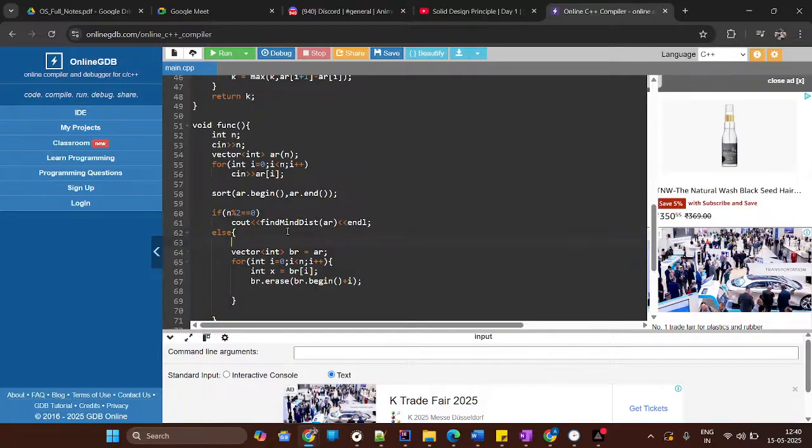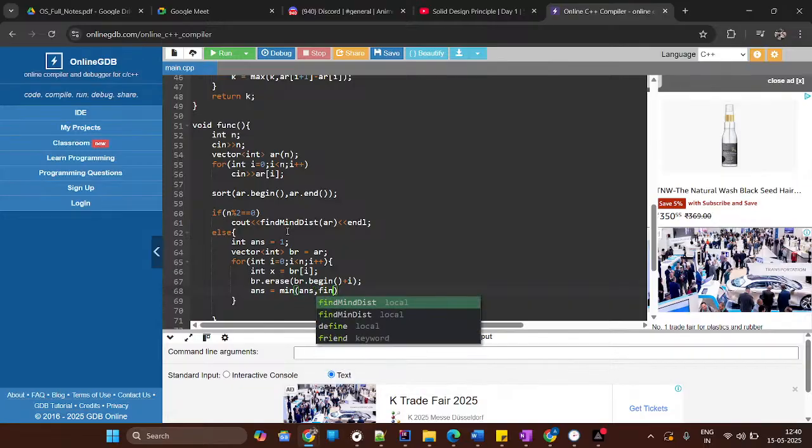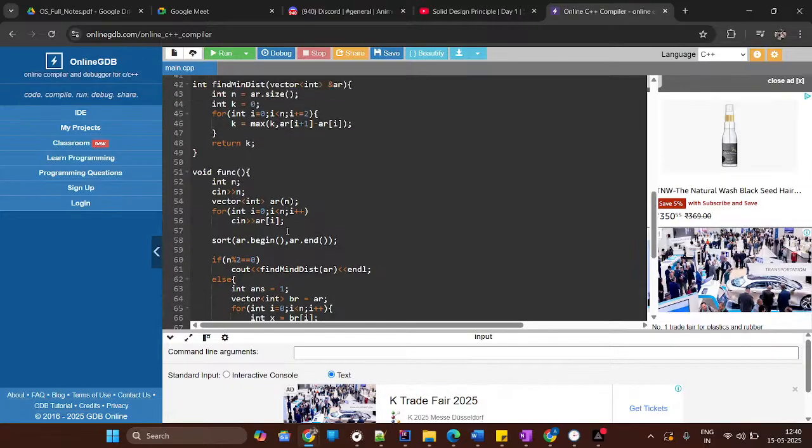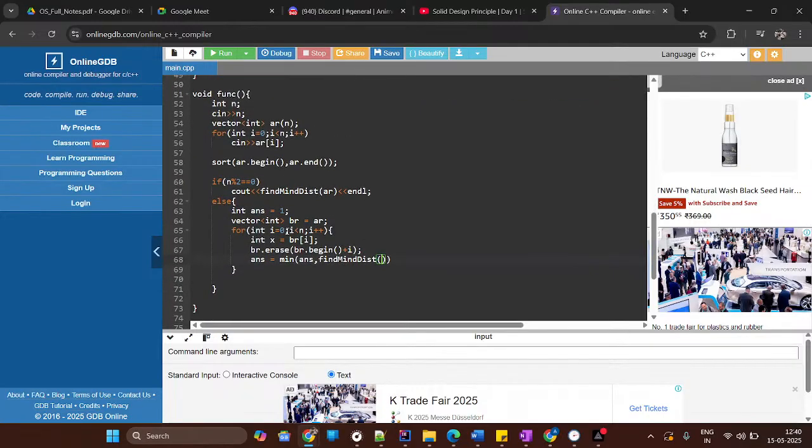Let's put it in answer. The minimum will be 1 as we know, and then answer equals the minimum of answer and findTest. And what do we send here? We send br here. Okay, and then that should work.